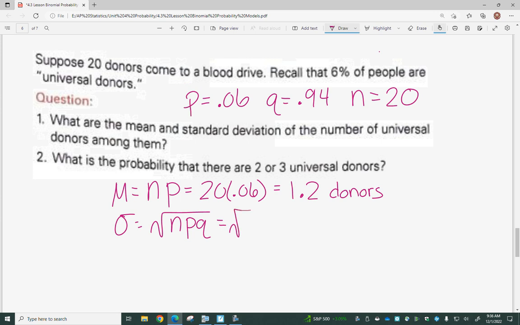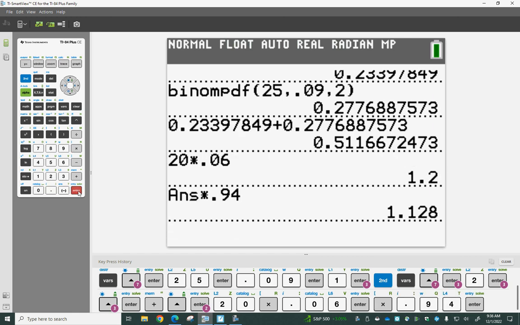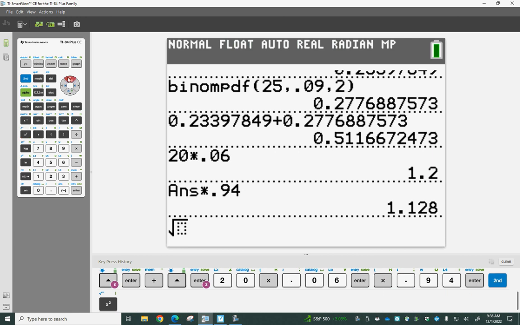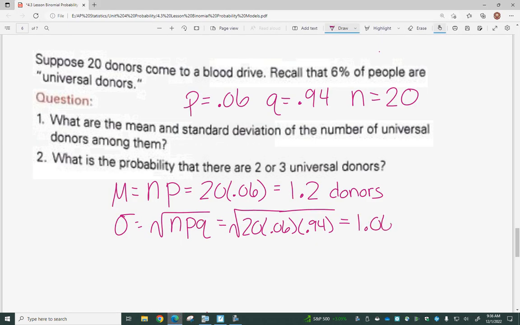So the square root of 20 times 0.06 times 0.94. And we will get a standard deviation of around 1.06 donors. So that's our mean and standard deviation.